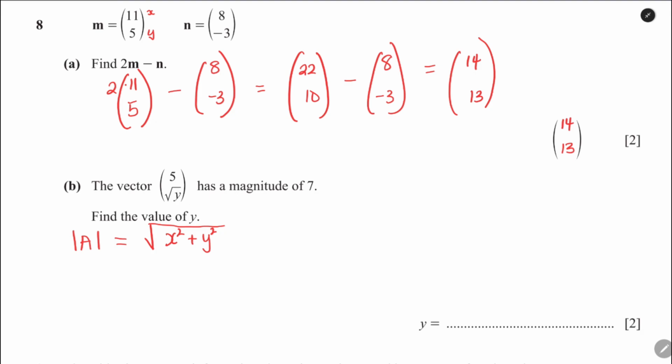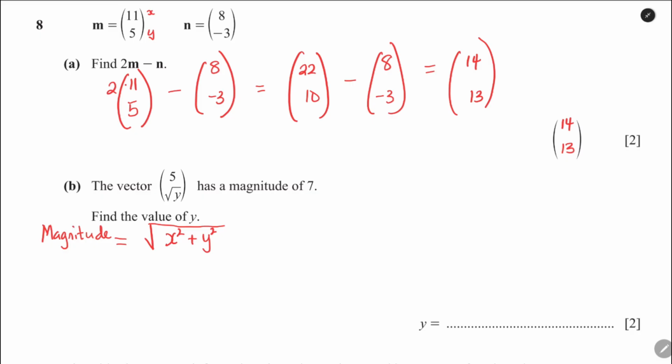All right, that's how to find the magnitude.